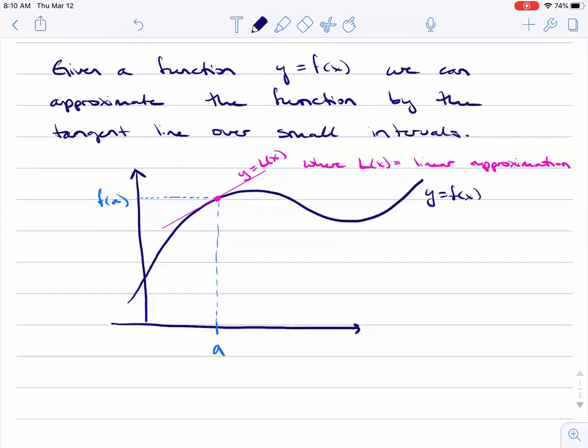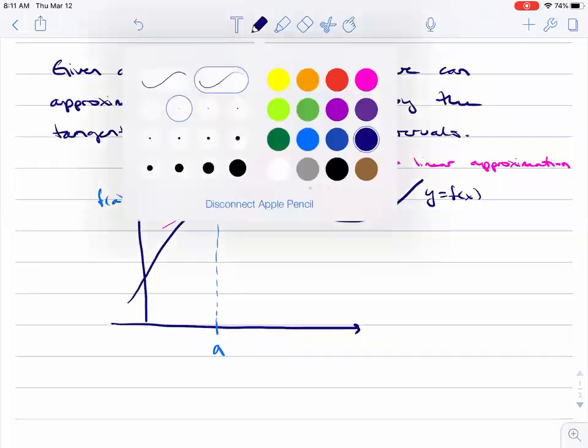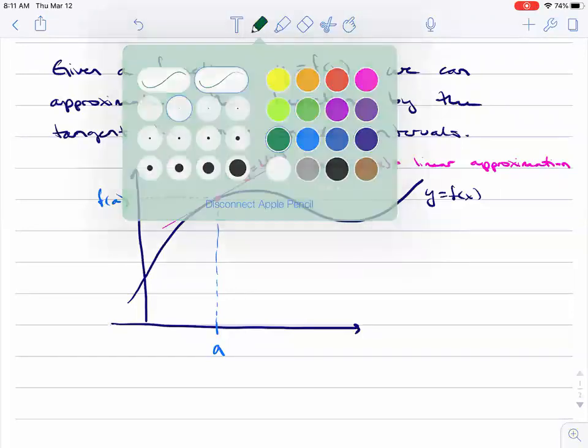There's going to be kind of a range around a where this linear approximation is going to be good, right? And so that's why we say that we can approximate this function. If we can find the slope or the equation of the tangent line, then I can use that to evaluate the actual function y equals f of x for points close to a. And so we're going to have some sort of buffer here.